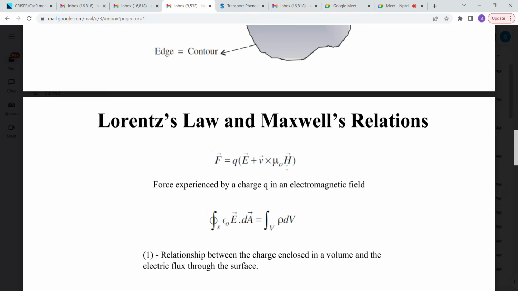I want this to be a kind of ready reckoner for you to just look at these relations, and the relations are better explained by Dr. J.K. Sir in his lecture videos.